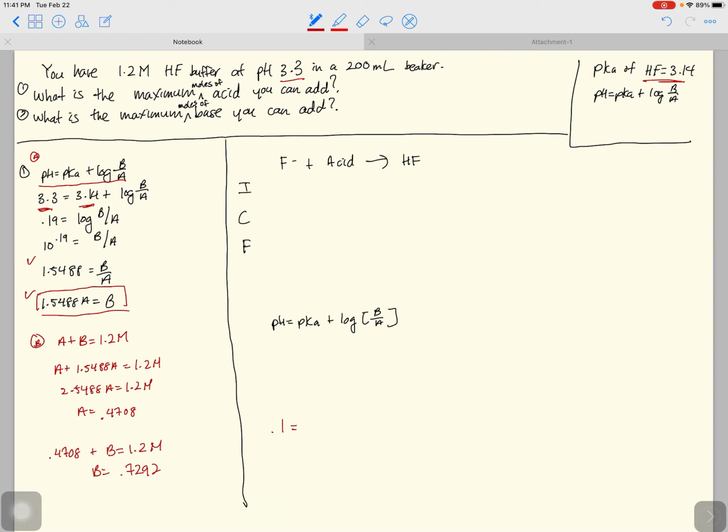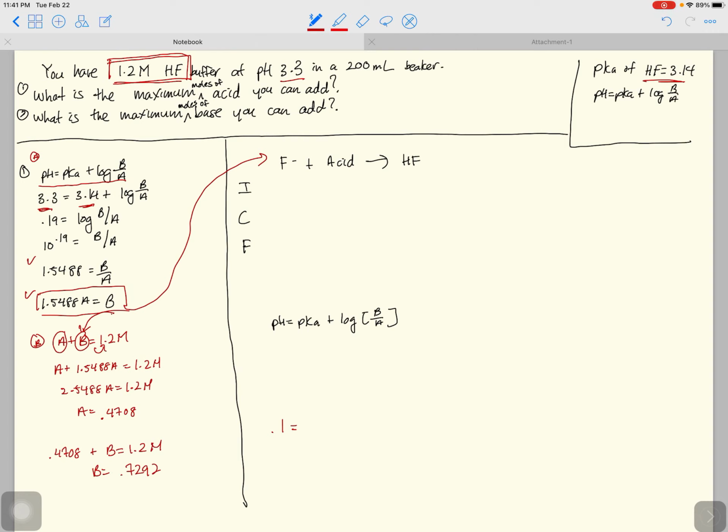Now, can I plug in the numbers right here for this base? No, because another important concept is I have a 1.2 molarity buffer, so we have to plug in this number over here. Remember in my previous video, I said whenever we have 1.2 of the buffer, all that means is I have a certain number of acid and a certain number of base that gives me 1.2.